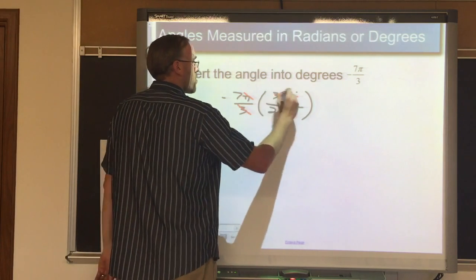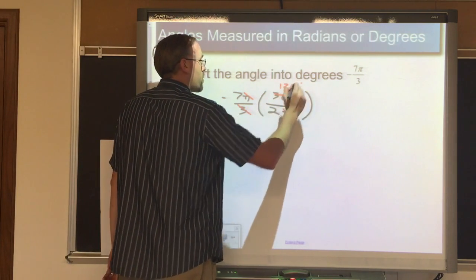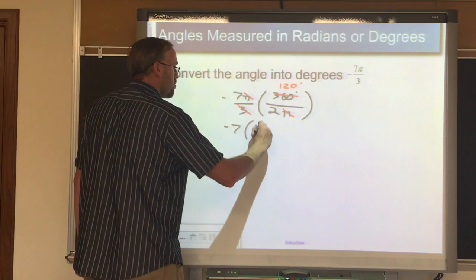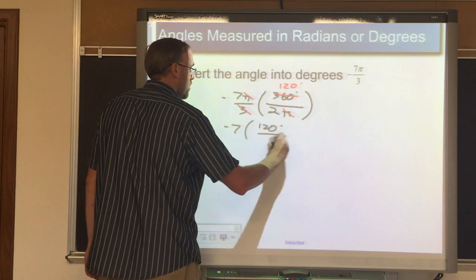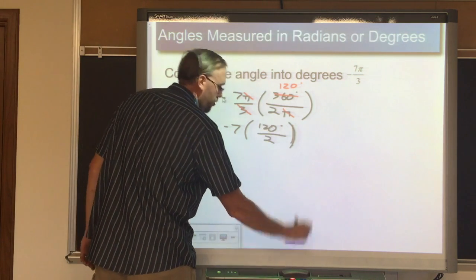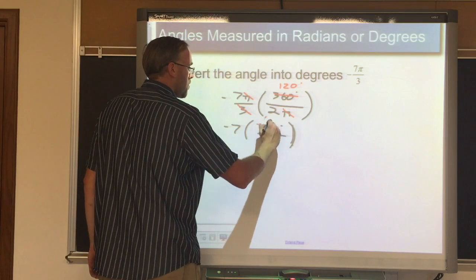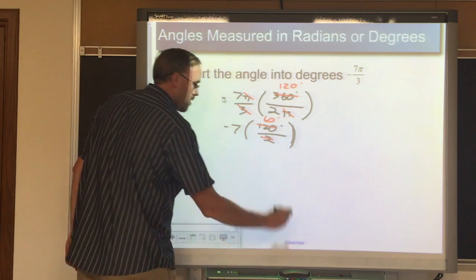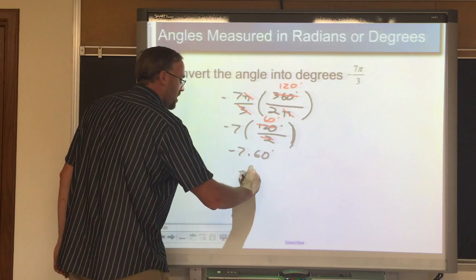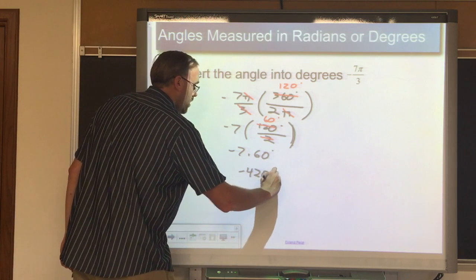The 3 cancels here, so I have 120 degrees. So negative 7 times 120 over 2. So I can cancel a 2. And so we have negative 7 times 60 degrees, which is negative 420 degrees.